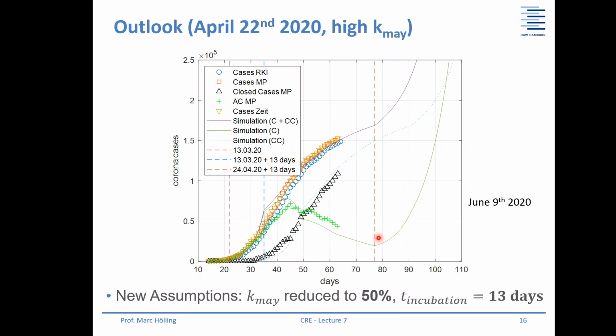worrying, I would say. You can see here that your number of cases are increasing quite fast, and also your number of active cases is increasing quite fast, and then you can easily end up with more than some 100,000 cases.